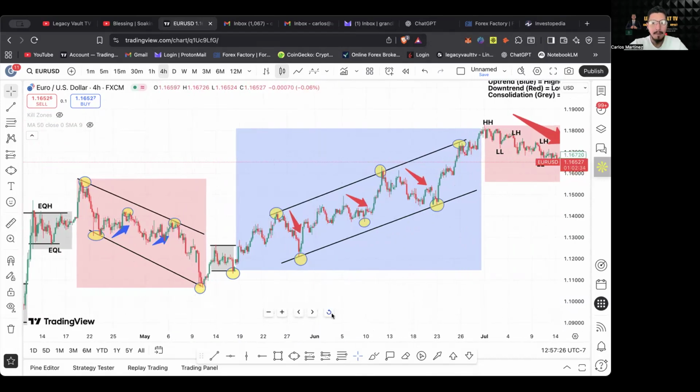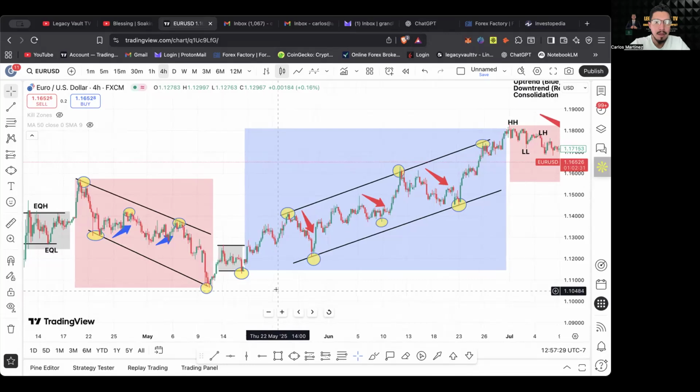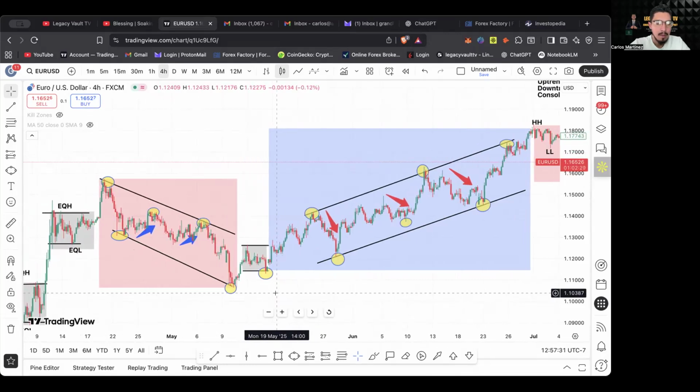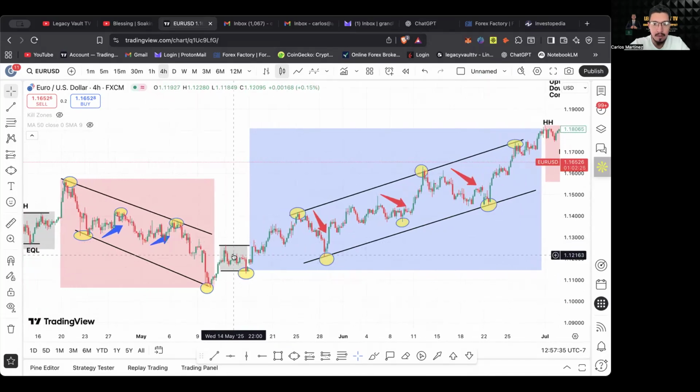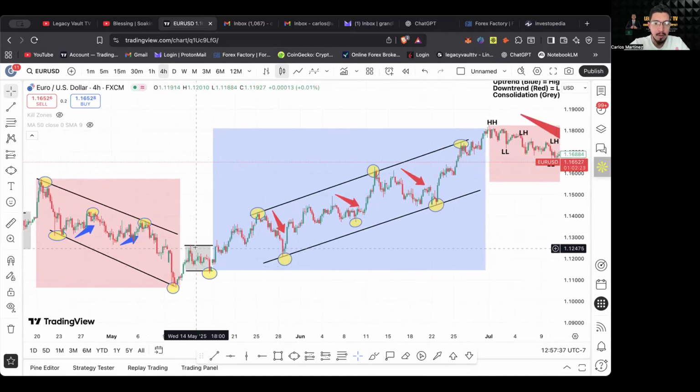So let me see here. Actually, this might be an accumulation phase because it's building up liquidity where there's a zone of buyers and sellers, and typically it's at the lowest price.